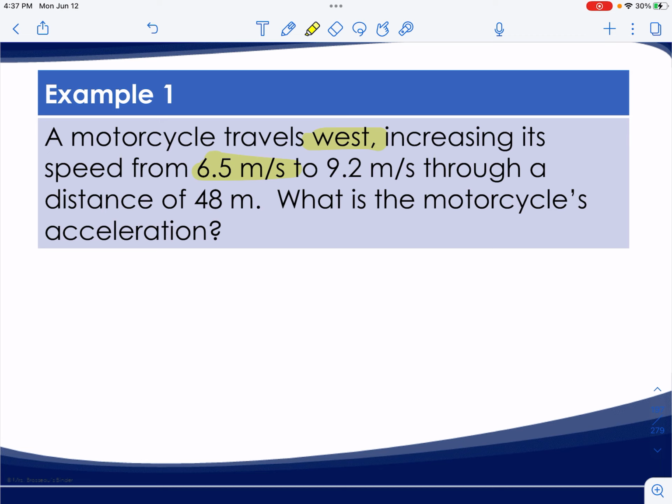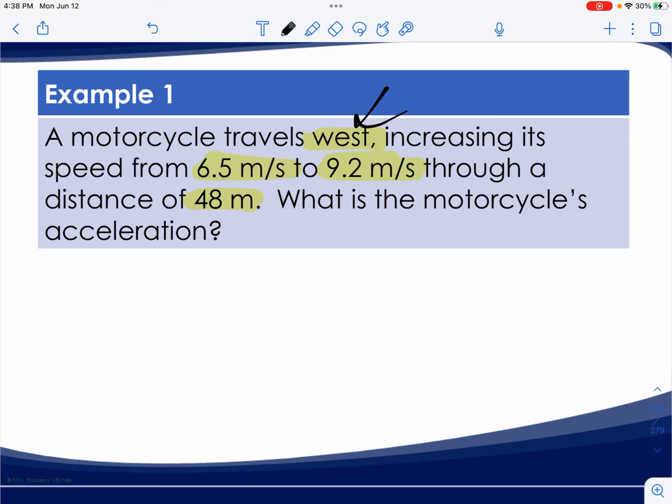Now notice this is not an average velocity, these are instantaneous velocities. So the initial velocity is 6.5, v2 would be 9.2 meters per second. And then the distance it travels is 48 meters. Since it says it's traveling west, we're assuming that the direction is not changing, okay? And it asks, what is the motorcycle's acceleration?